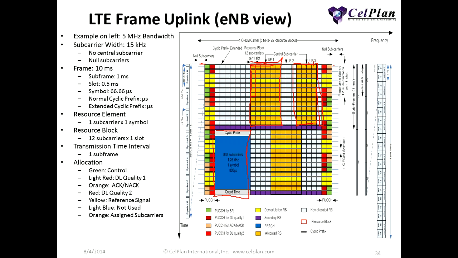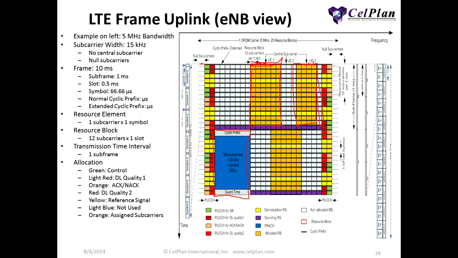To do this, there is a whole area called the random access area, and that is specified. It is not in a standard location, so this has to be read by the UE to find out where this area is, how frequently it is available, and so on and so on.